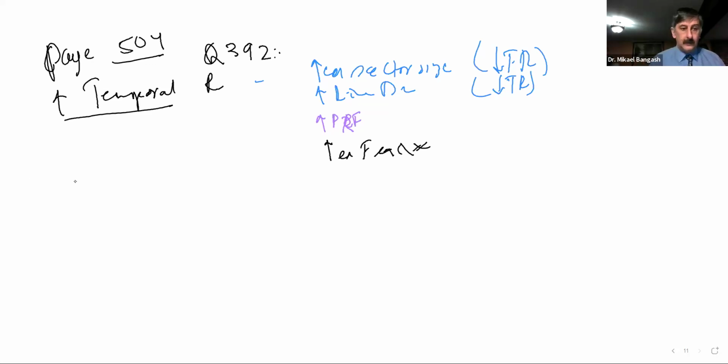Now, what they mainly mean here is that increasing the PRF is decreasing the PRP, which is mainly the same as decreasing depth of image. Did that make sense?